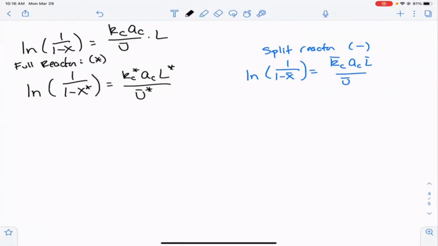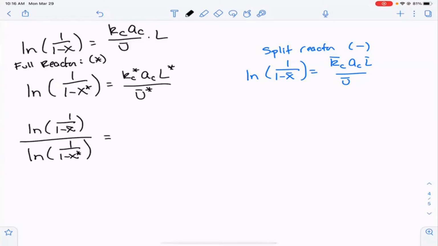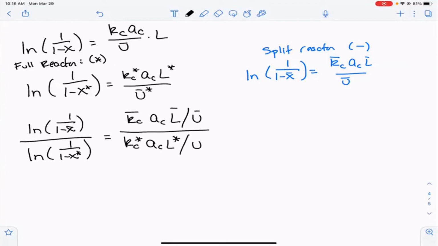And if we do that, the left-hand side would be the natural log of 1 over 1 minus X bar over the natural log of 1 over 1 minus X star, is equal to Kc bar times AC times L bar over U bar divided by Kc star times AC times L star over U star. Okay?